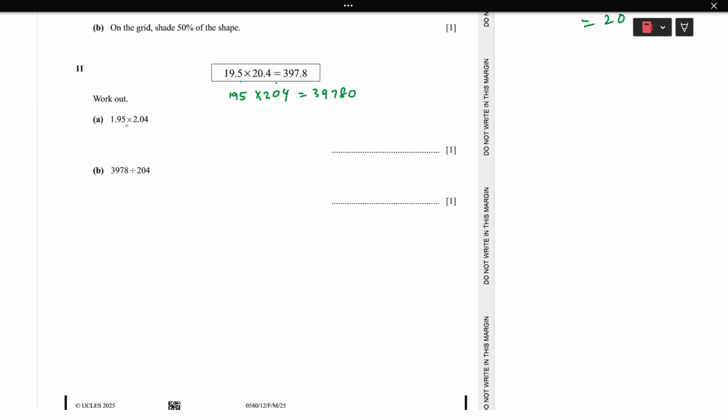Here how many decimal points? 2 plus 2, 4. So we need to go for 4 decimal points, which is 3.9780. Okay, so let's go for the next one.